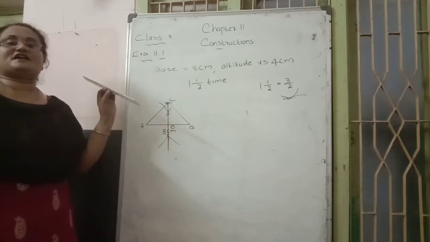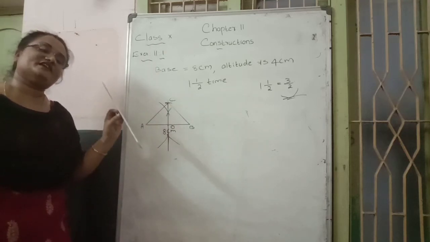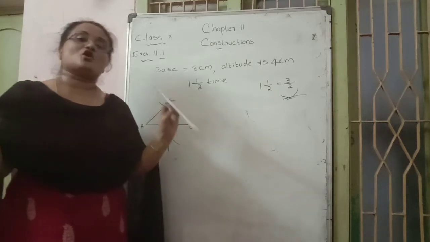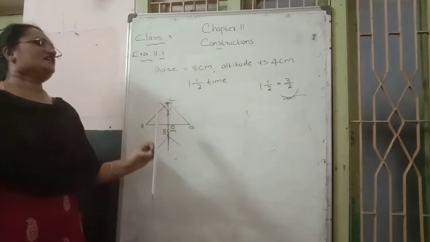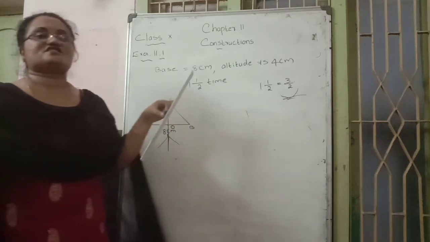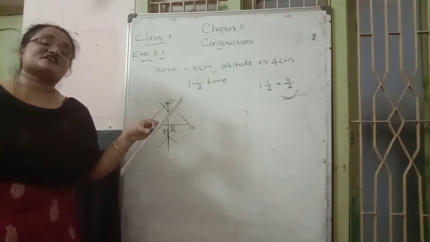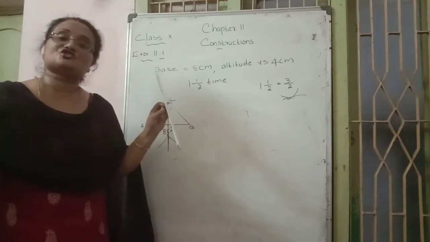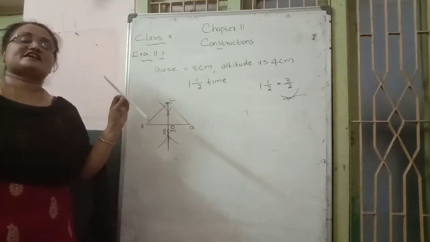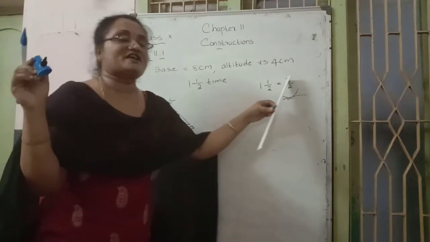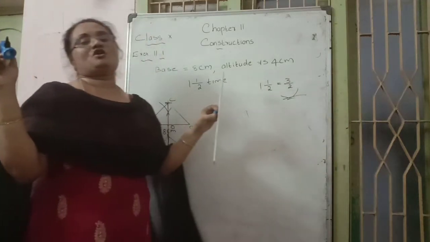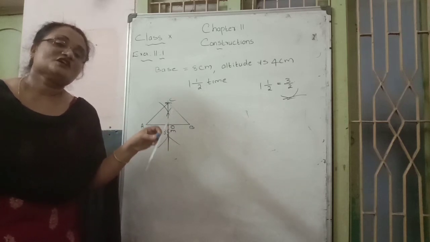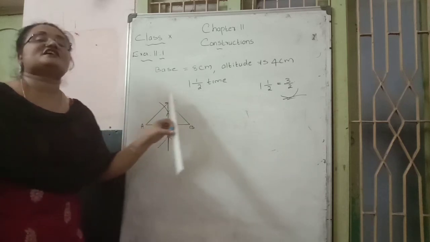Then look at the remaining part. Same process only. How did we do the previous process? Same process. First what do we want to do? Draw an acute angle. First we check the scale factor. Scale factor means similar triangle ratio is given. How much? 3/2. They mentioned the scale factor, which is bigger, the numerator is greater than the denominator. In that case, does our similar triangle come inside the original triangle or outside?